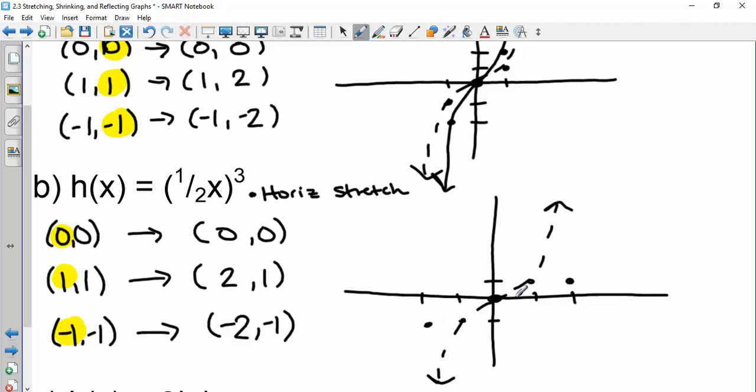If I plot my points, we stretch this out horizontally, it's like we put a tack in the middle to hold it, and then we just took the sides and stretched them out. So it's getting wider when we do that.